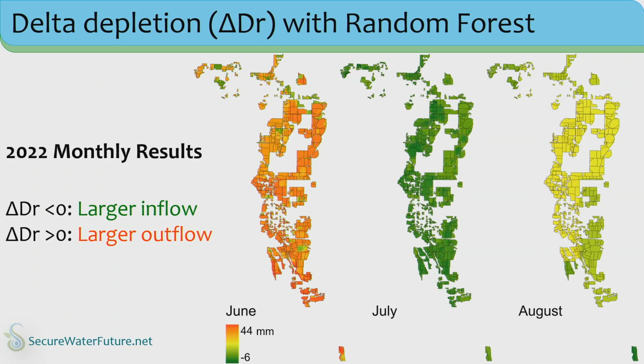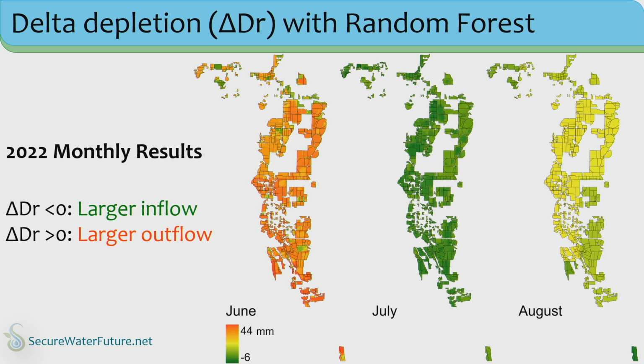So here are our preliminary results of these changes in soil water storage using the data that I just described and the random forest. Here you can see variability of the storage depending on the field and depending on the month. We see that in June, we have an effect of water leaving the system, in this case due to evapotranspiration and the reduced amount of irrigation that happened during this month.